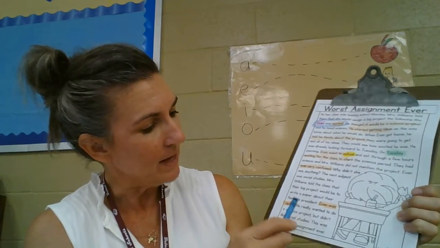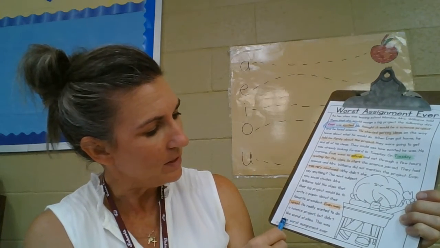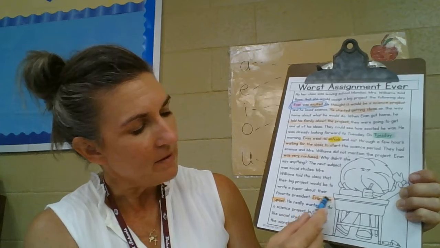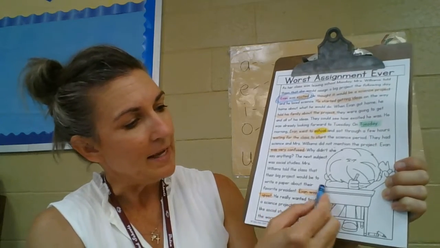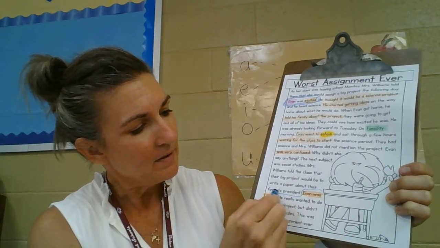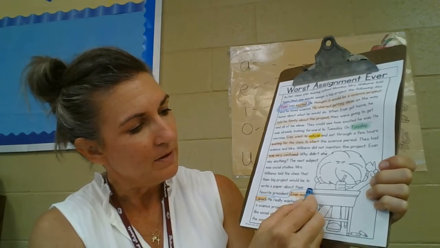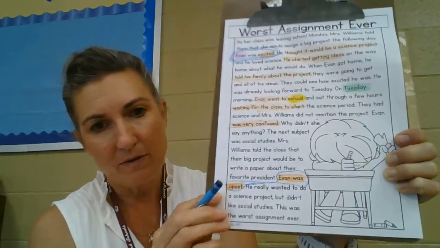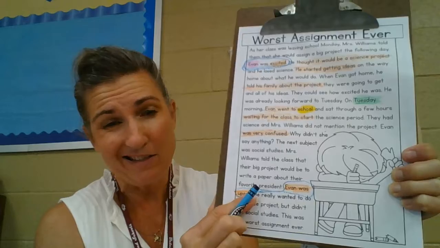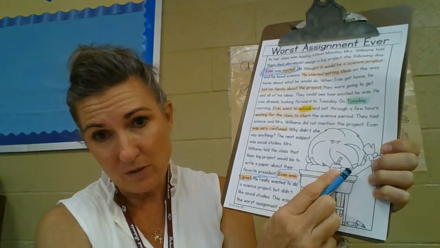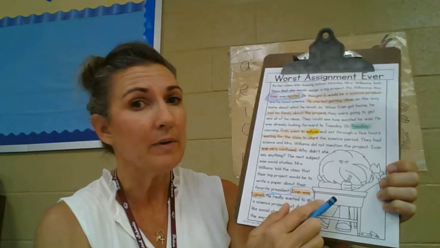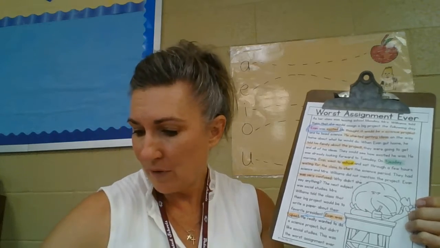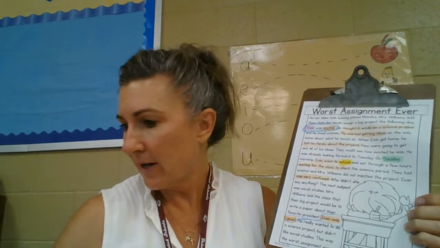How did he feel? He really wanted to do it. Evan was upset. Okay, so I'm going to circle that part that he was upset. And I'm thinking that illustration goes with how he was feeling. Okay, blue crayon down.